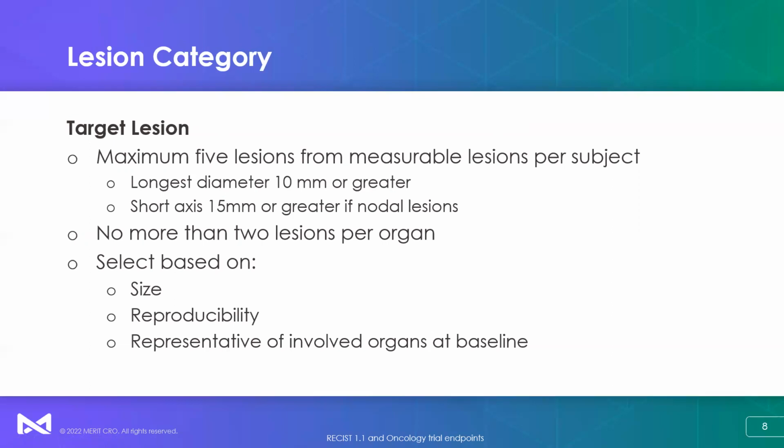So one additional consideration for reproducibility would be picking a target lesion in a more stable location rather than locations that move frequently, which should be, for example, the outer lung area or any intestinal area, which would be more likely to have less reproducibility of the lesion shape.